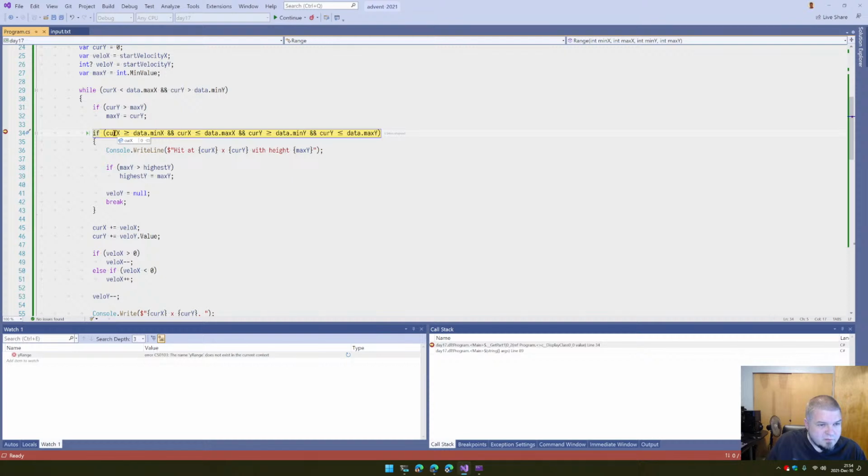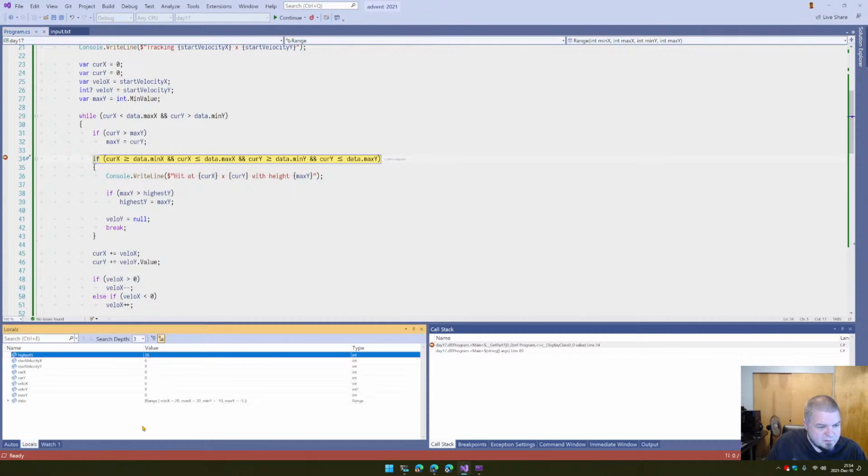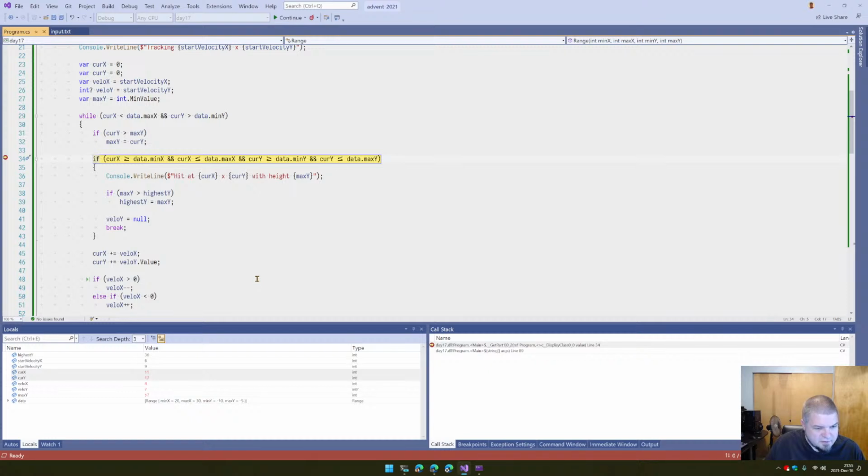Whatever. So the current x, so 6'9". So this is the first position, right? So we get 6, 9, we get 11, 17, we get 15, 24, we get 18, 30.